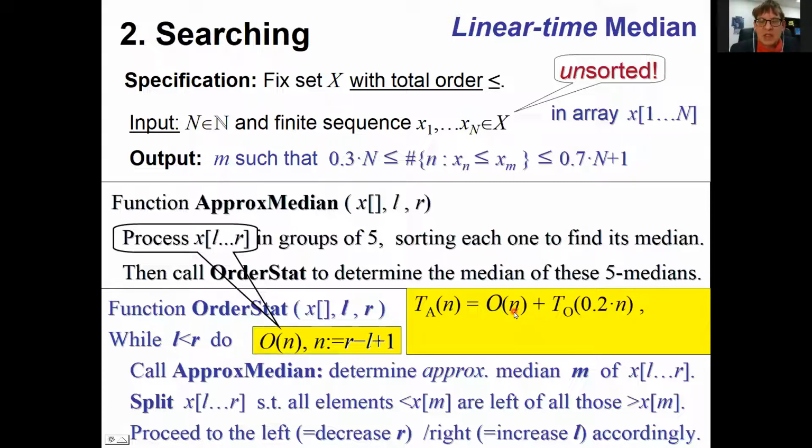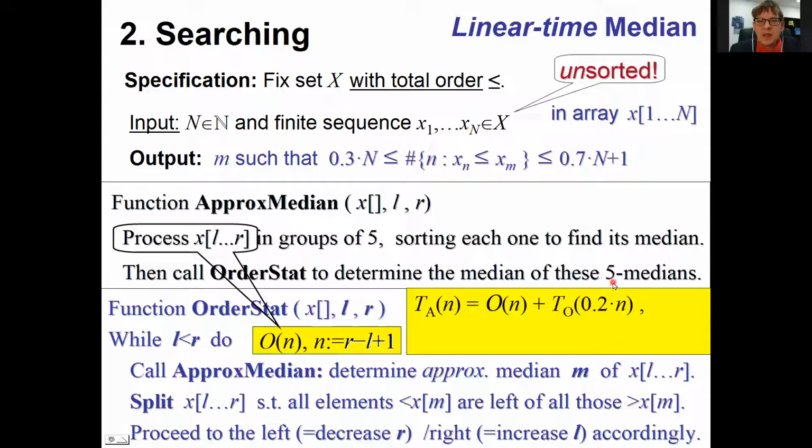I need to emphasize that one more time because it's so subtle but important. We don't sort the entire array. We sort each group of 5. Sorting a group of 5 takes constant time because 5 is a constant, and there are a linear number of these groups of 5, so this linear time comes from sorting each one individually, not sorting all of them.